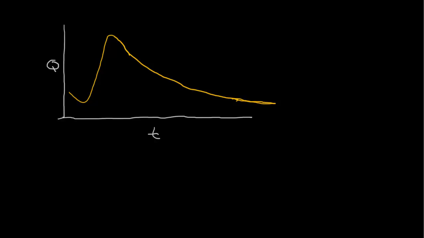Then there are methods that take advantage of the theory that says that the base flow portion of the hydrograph should be an exponential decay curve. So one thing we could do, for example, is to extrapolate the pre-storm base flow curve, that's just using an exponential decay curve, down like this. And this then is our prediction of what the base flow would have looked like during the storm event.